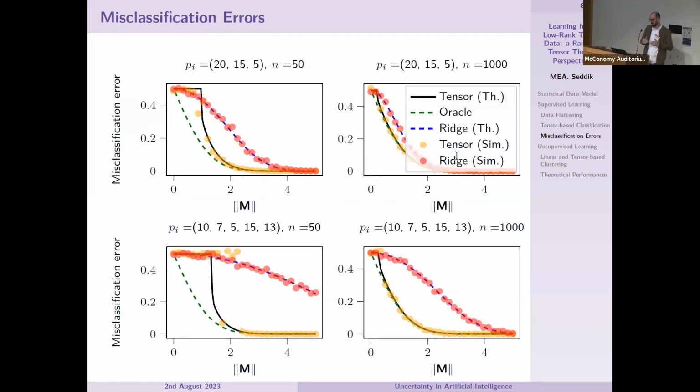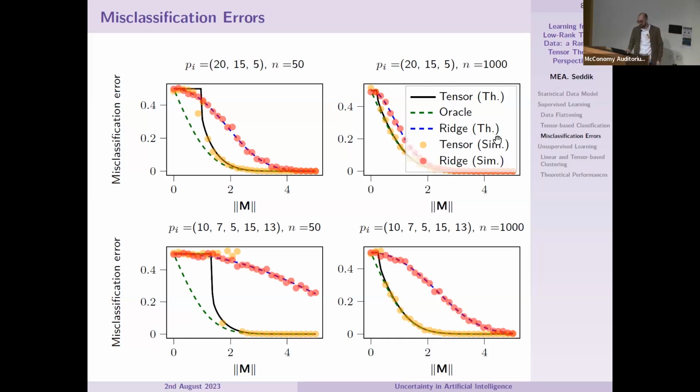And of course, when we compare the misclassification error between an approach where we flatten the data into vectors and when we use this tensor approach, we get a better, so a smaller, misclassification error in this case. The dots here correspond to simulations, and the curves correspond to the theoretical performance.